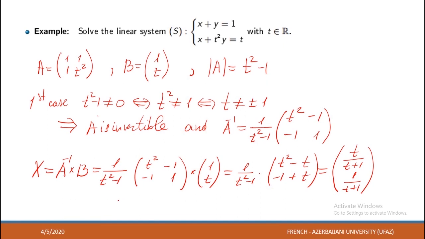Then the solution of the system will be T over T plus 1, 1 over T plus 1. If you want, you can take the solution as a set of this element.